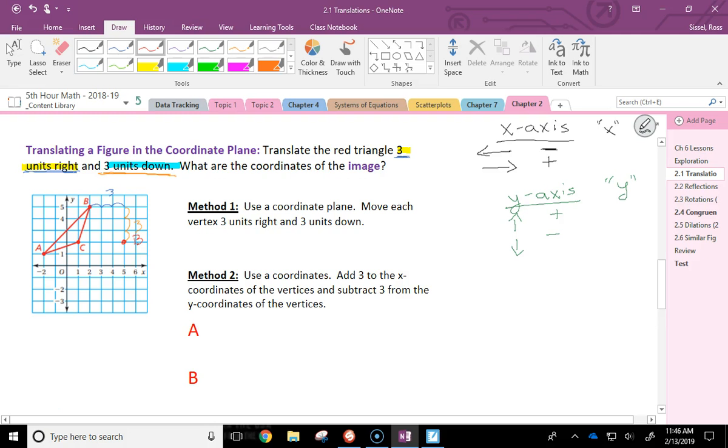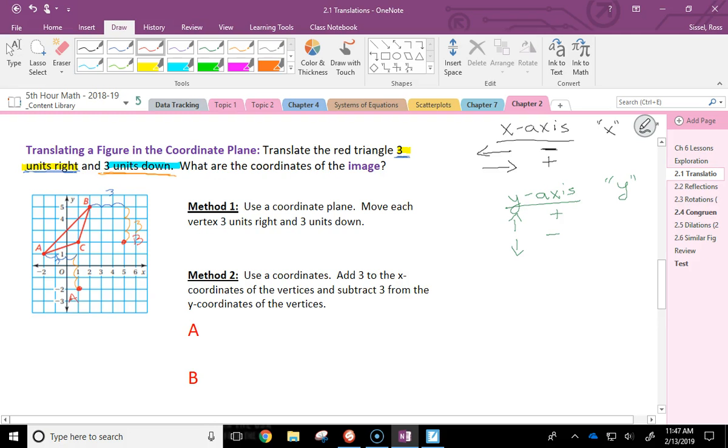And that's really all there is to it. On method 1, I just have to go to every single vertex and follow that. So I'm going to go to vertex A, 3 over, 1, 2, 3. I went over 3. I need to go down 3. 1, 2, 3. Which makes my new point here.